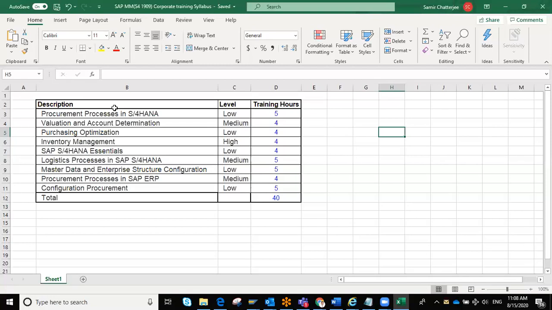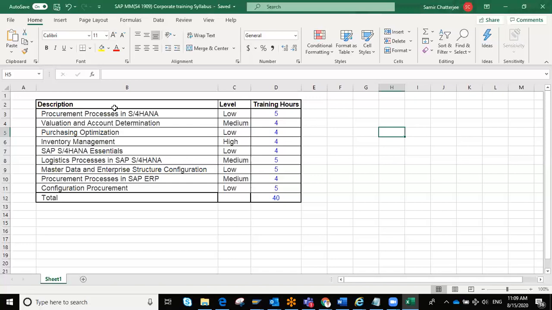So this is our syllabus applicable for certification in S4 HANA 1909 premises. Second, it is also useful for working as an independent S4 HANA SAP MM consultant in 1909 edition for procurement and sourcing domain.